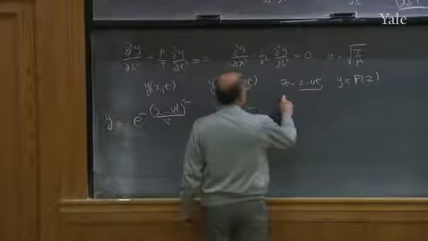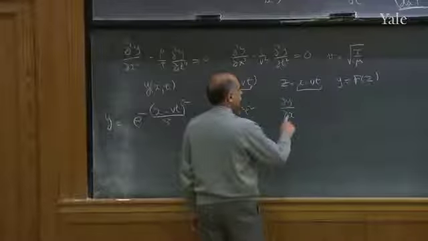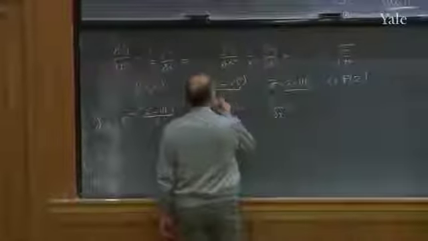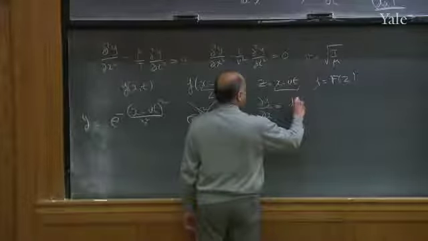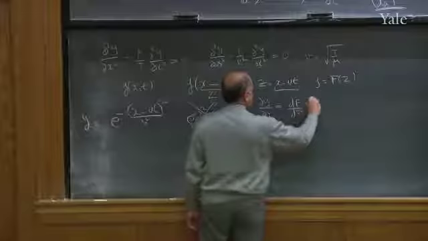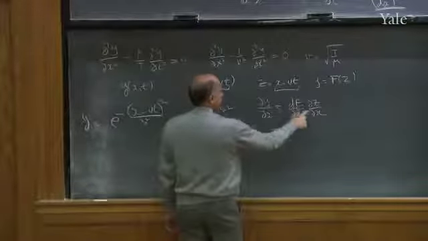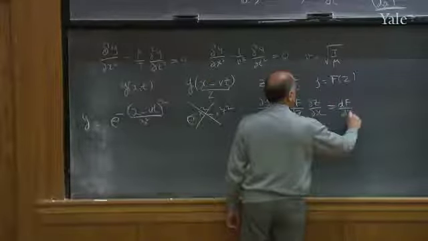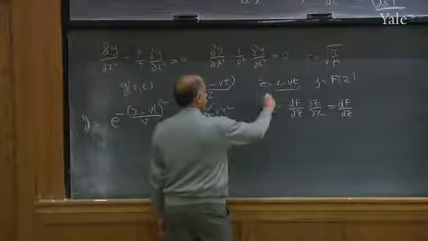Let us take dy dx. Remember, y depends only on this combination z. Therefore, it's equal to df dz times dz dx. But z is x minus vt, so dz dx is 1, so it is just df dz. Now, let me rush through this and do it one more time.